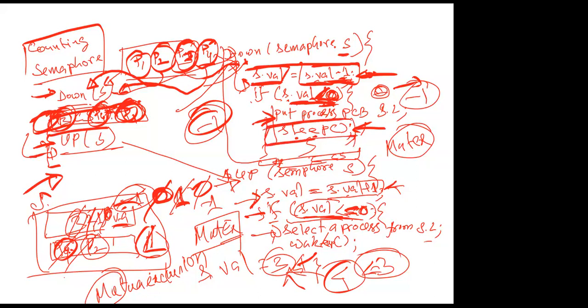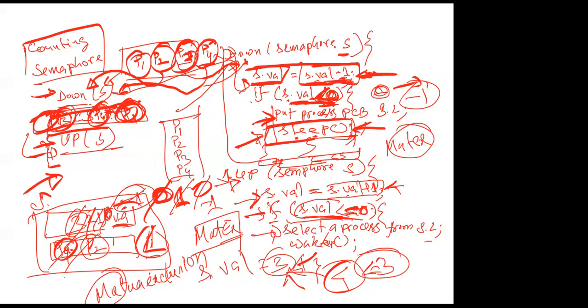When a process tries to enter the critical section, it moves to sleep mode. Let's say you have four processes: P1, P2, P3, and P4.